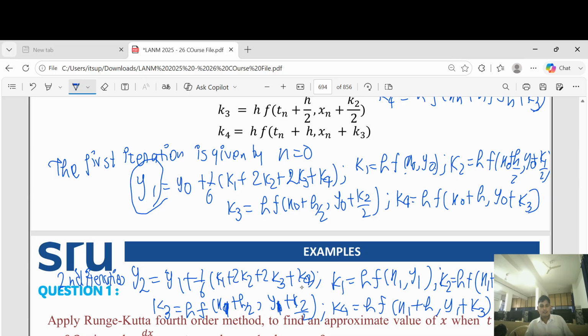First, read the question very carefully, in which method we solve the differential equation and how many iterations we perform for the solution process.